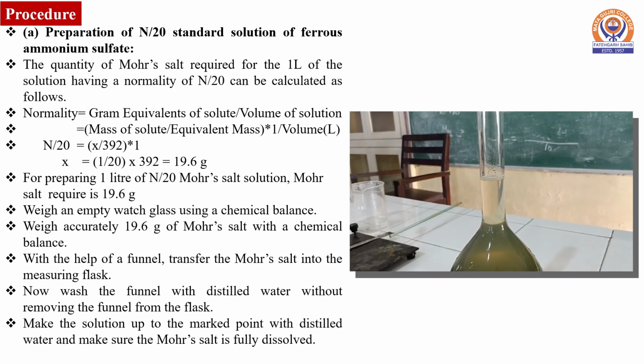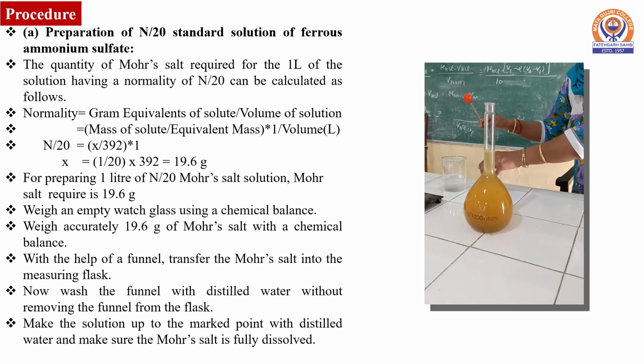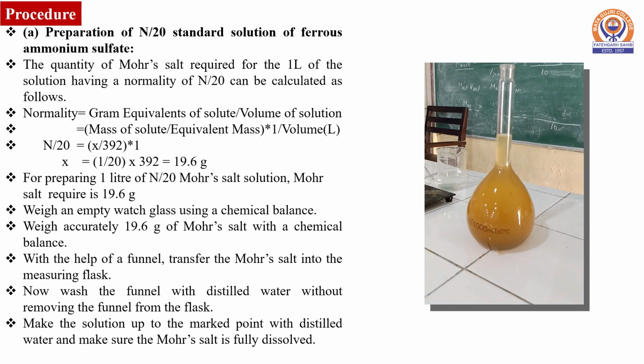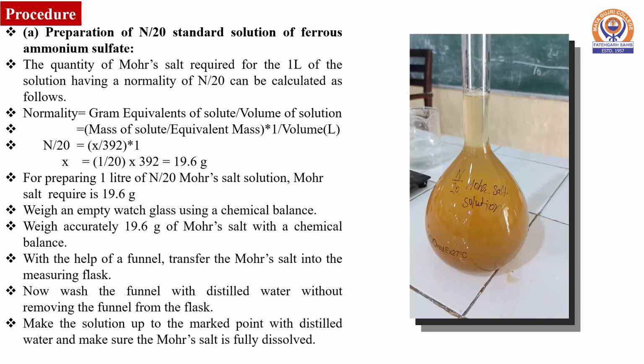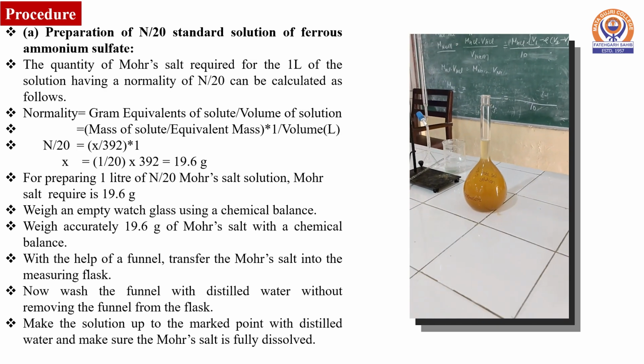Make the solution up to the marked point with distilled water. Shake the solution to make sure that Mohr salt is fully dissolved. This solution is labeled as N by 20 solution of Mohr salt.